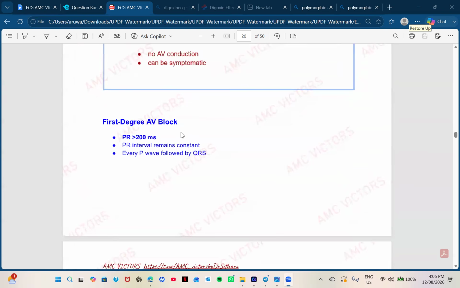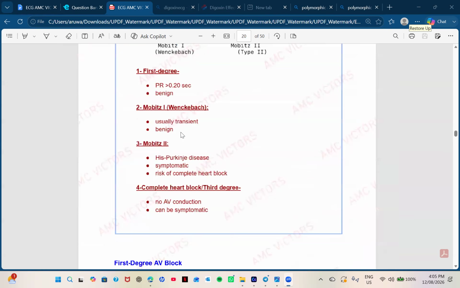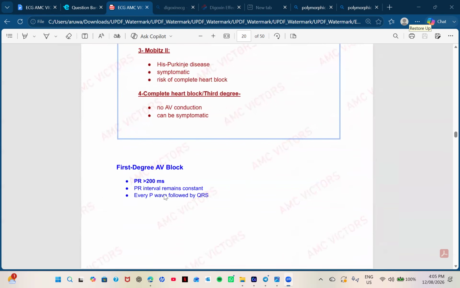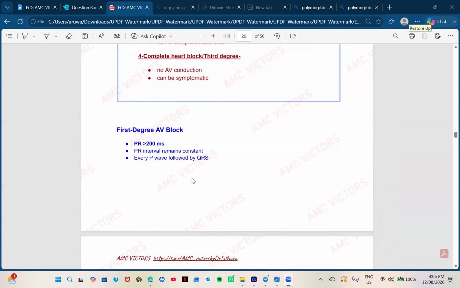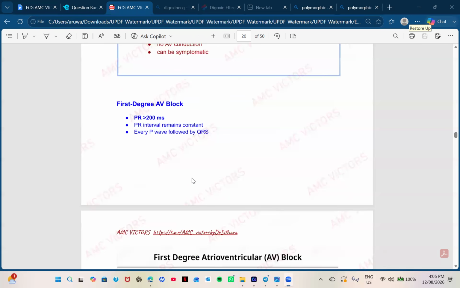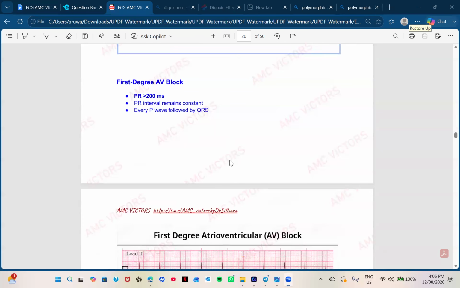Okay, let's go one by one. AV blocks, what you can see. In first degree AV block, the PR interval is more than 200 milliseconds. There's no dropping of P waves, but the PR interval is more than 200 milliseconds and remains constant.